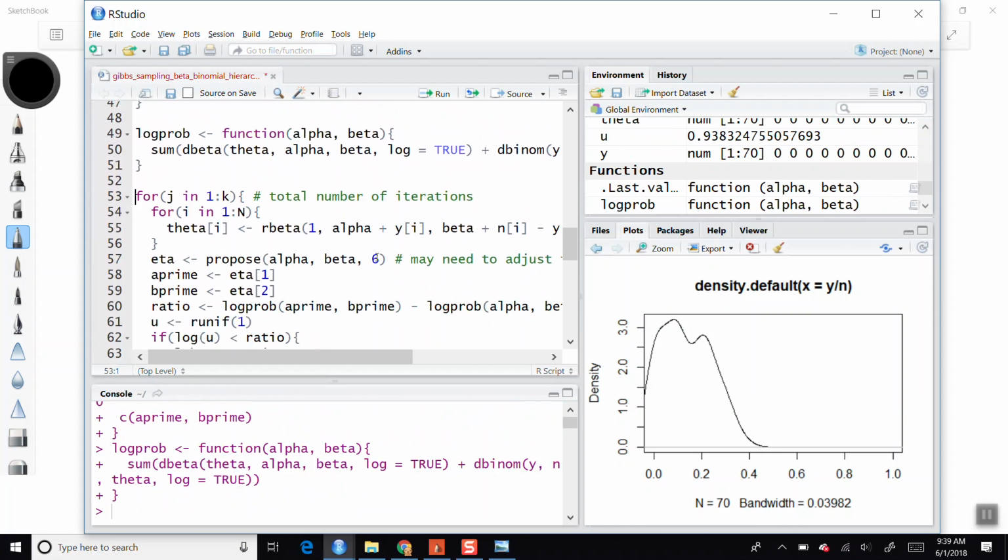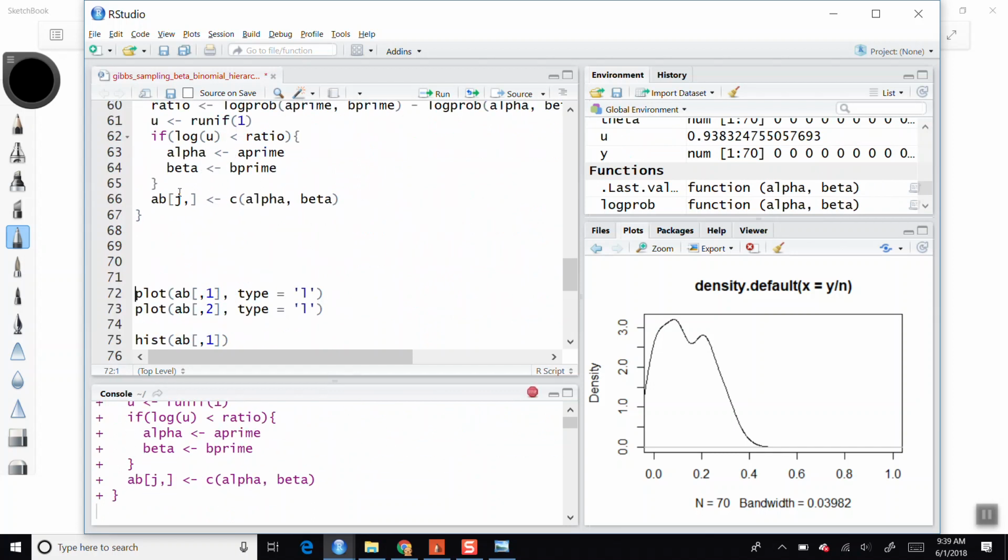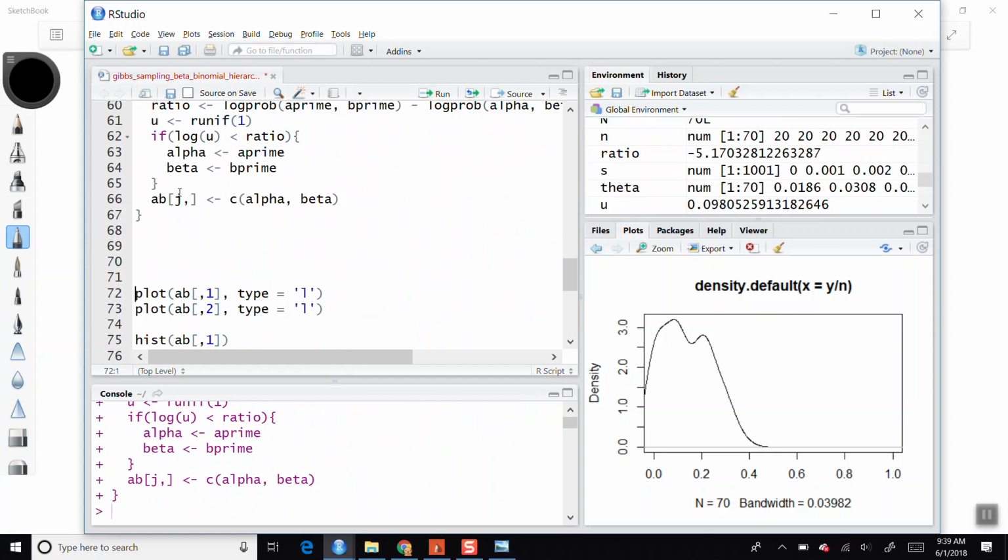I'm going to change this, instead of using normal, with this distribution of 6. We'll let that run. Okay, so this is for the rat tumor data.